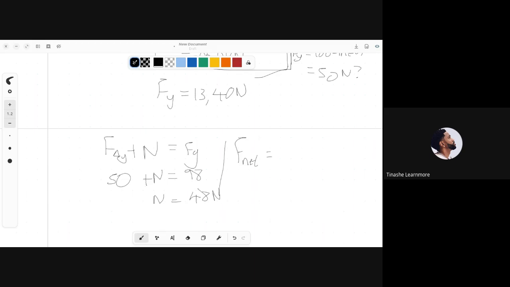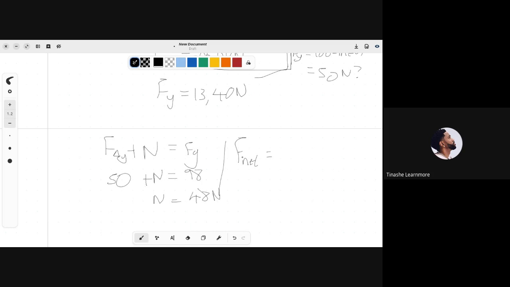Which approach do you guys prefer to use? Or I can just pick any approach. Any is fine. In this case, I'll use the F net.